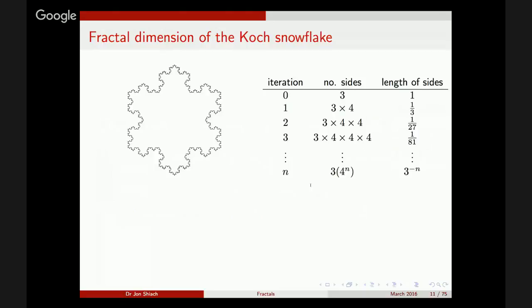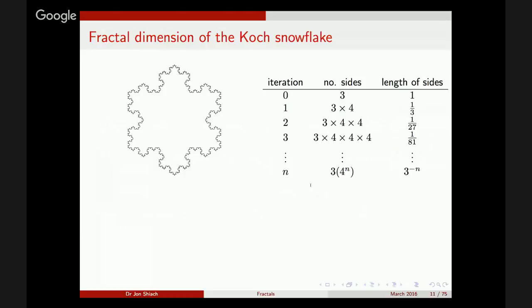Okay, so after n iterations, we have 3 times 4 to the power n lines, and each of our lines is length 3 to the power minus n.